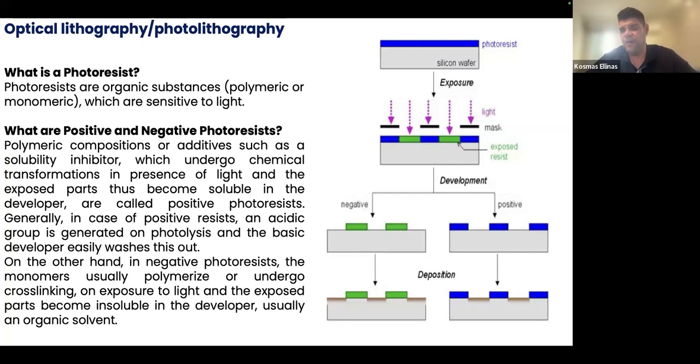So depending on the type of the photoresist and the type of mask we use, which is shown here, we can create either this, so gaps here, or gaps in between the patterns of the mask. Then we can use these kind of patterns to deposit, to etch, to create completely different designs, as we'll see later.